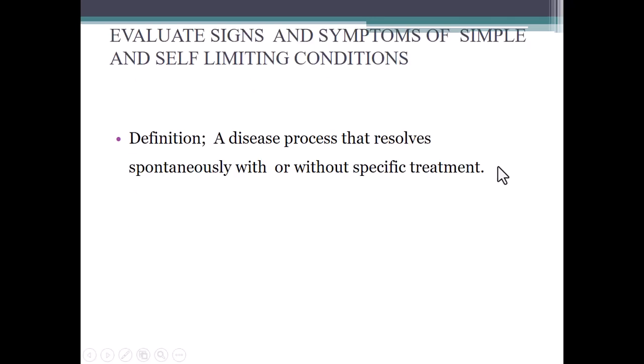So we see the evaluation of signs and symptoms of simple and self-limiting conditions.